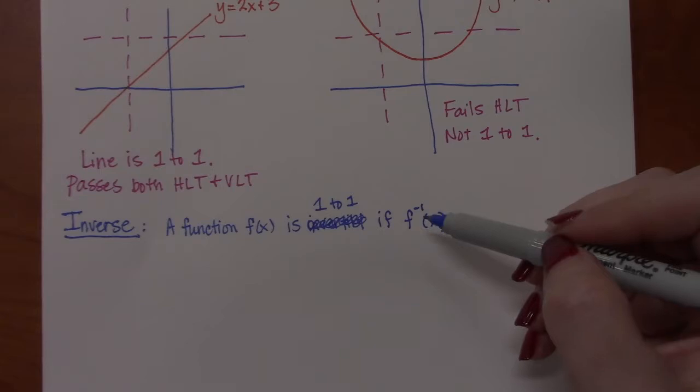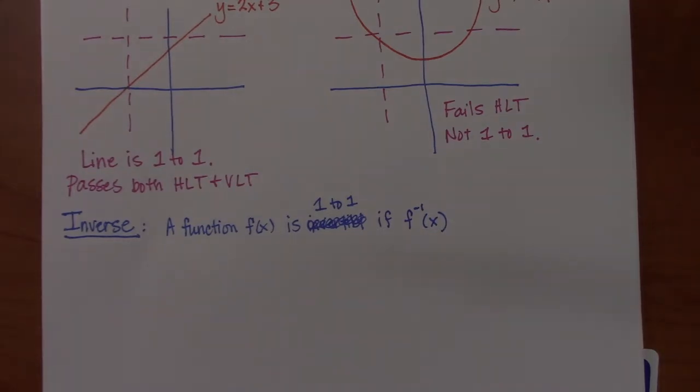What I want you to see here is a little notation that you want to make sure you understand. It looks like a superscript, like an exponent -1, but notice it's on the function itself. That means inverse function when you see that -1, and it does not mean 1 over f of x like it does for a normal exponent. This is just a way we notate the inverse function.